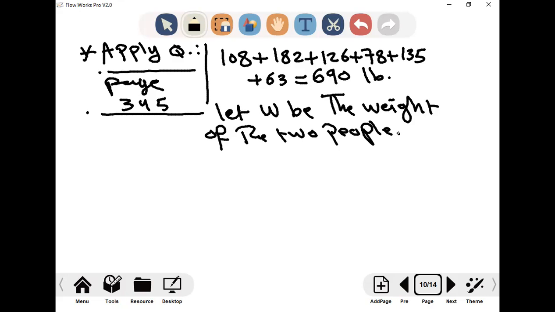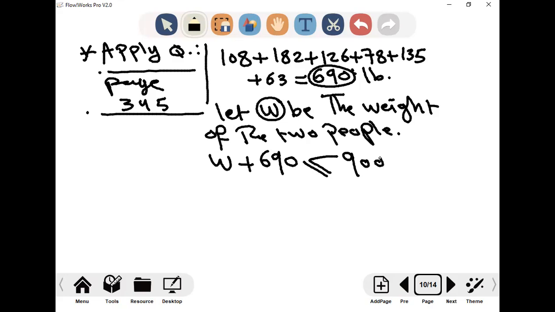Let W be the weight of the 2 people, right? Now the total here is 690, and the weight of the 2 people we call W. Together should it be more than 900 or less than 900? Less than. We can't exceed 900, right? So W plus 690 should be less than or equal to 900.